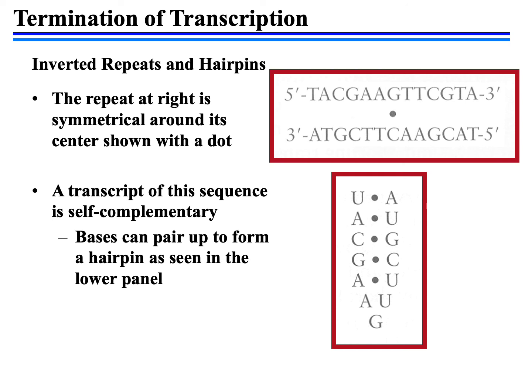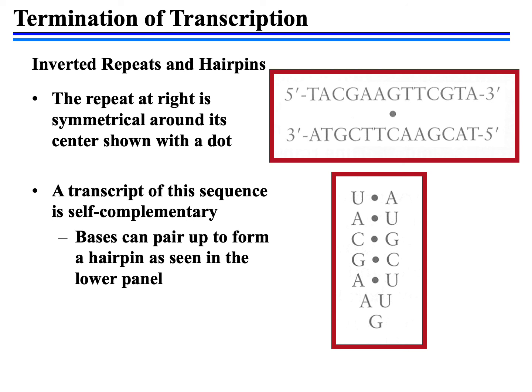So there's either rho independent, does not need that factor, and there's rho dependent, does need that rho factor. Regardless of which type of transcription termination we're talking about, both mechanisms utilize something known as an inverted repeat and a hairpin formation. So on this slide, we're going to talk about that in a little more detail.